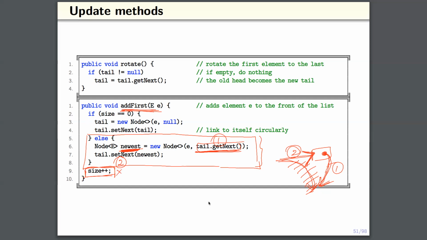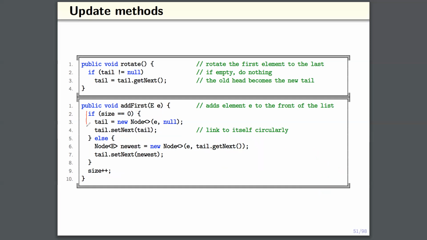Now let's look at a corner case. What is the corner case? The empty list. You have the empty list, which means tail is equal to null. You can also say tail is equal to null or size is equal to 0. Both mean the same. What happens when you want to add one node?